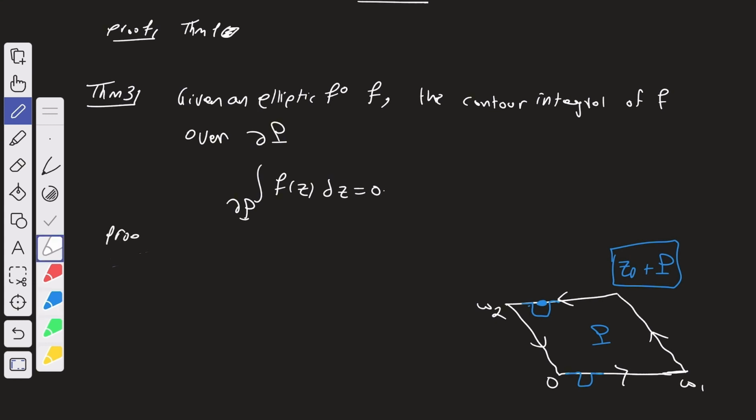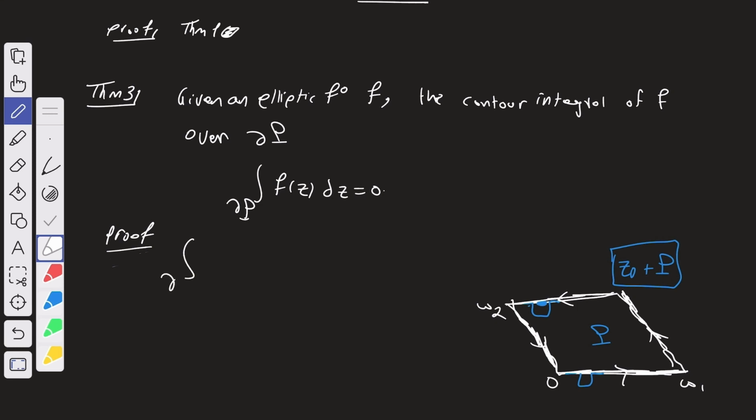And now that we fixed this, the proof is just one line again. Well, f is periodic, right? So its values on this line match its values on this line, and similarly its values on this line match its values over here. Thus the integrals over opposite paths will cancel.